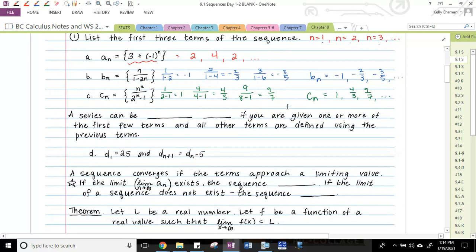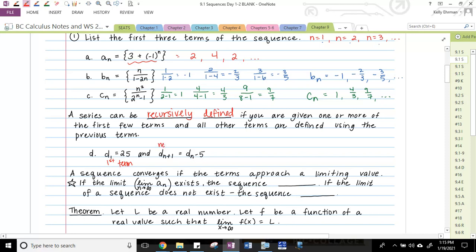Okay, a series can be recursively defined if you're given one or more of the first few terms, and all other terms are defined using the previous terms. So here's an example. They'll give you the first term, d sub 1 is 25, that's the first term. And then it says every term after that, d sub n plus 1, is equal to the previous term, d sub n, minus 5.